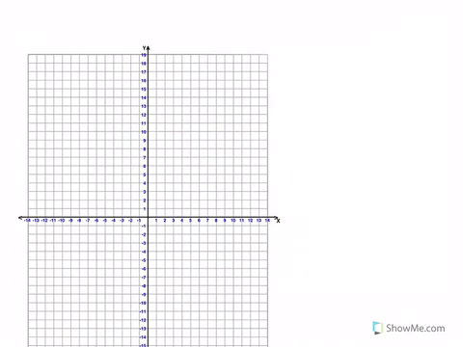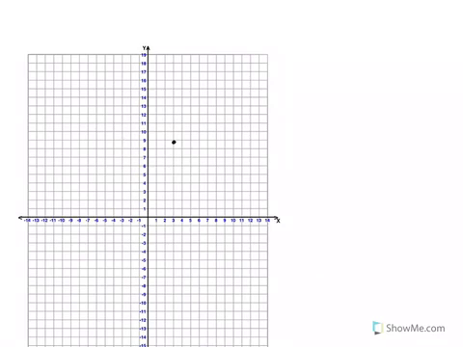So if I'm at, let's say 9, 3. If it asks you to reflect that over the y-axis, then you would go back 9, up 3. So you would go to -9, 3.